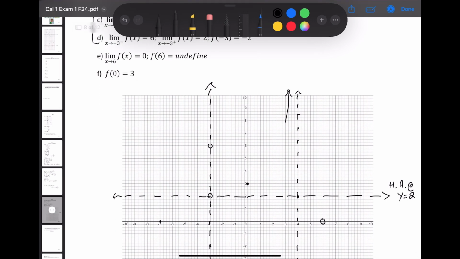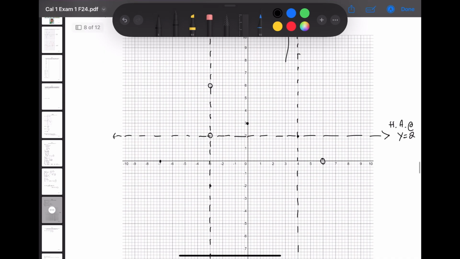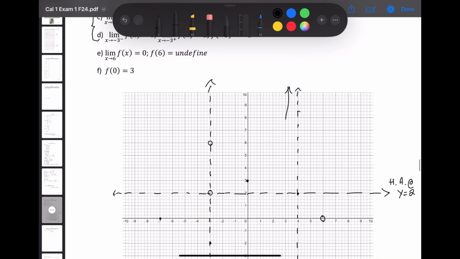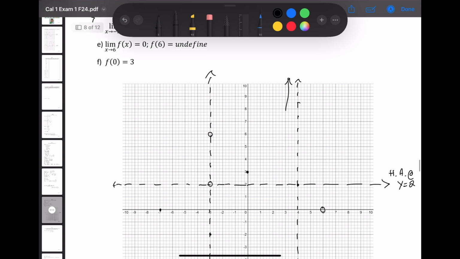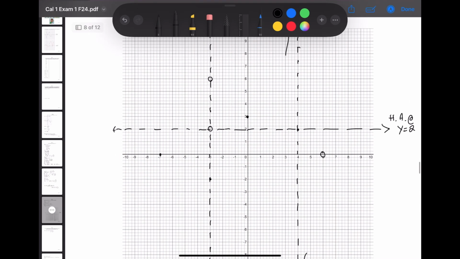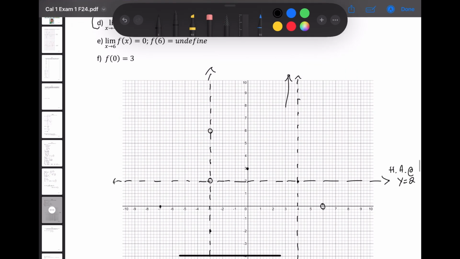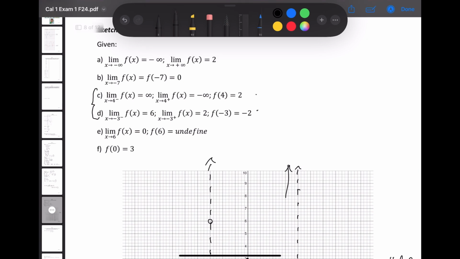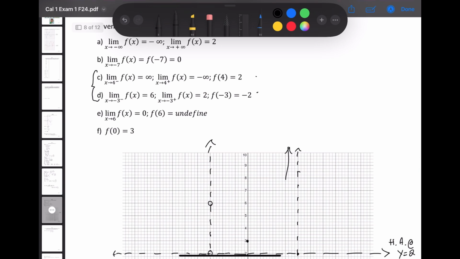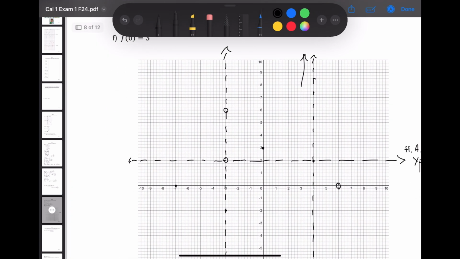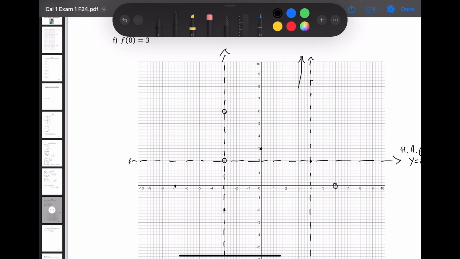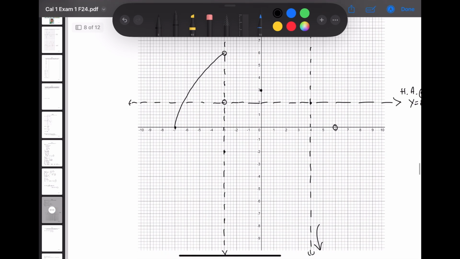We're going to go ahead and label our points in a little, so I can kind of see it. Okay. We're just missing our left side, which is going to be our A. So we have limit x approaching negative infinity, f of x equals negative infinity. So like I said, we're able to cross our horizontal asymptote, and it's kind of going to look like that.